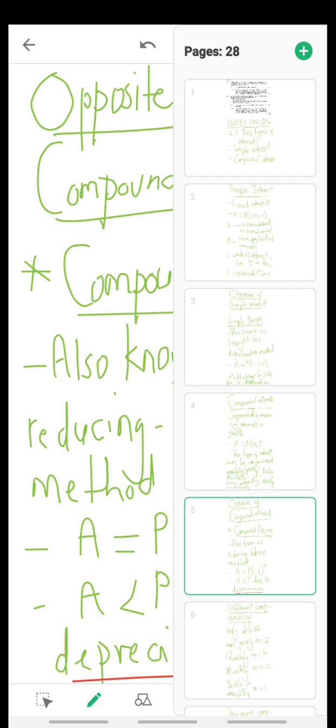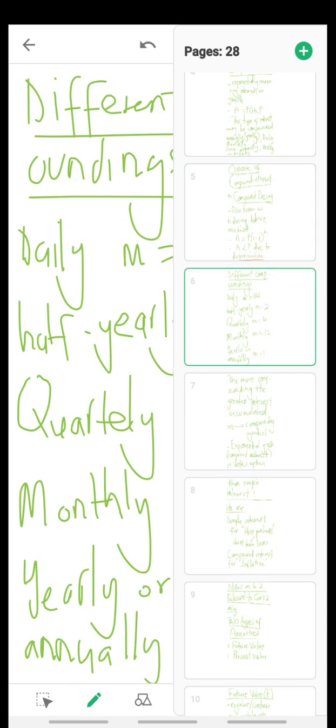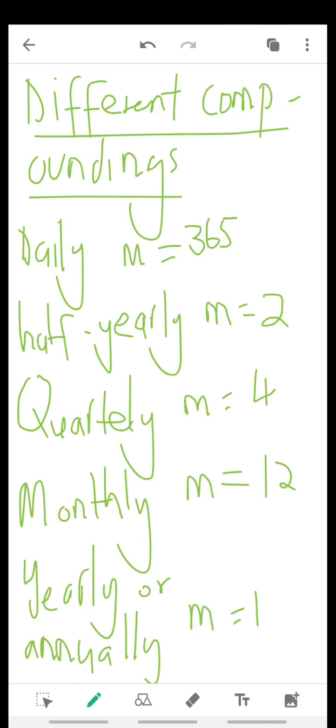Okay. Now next up, we want to look at the different compoundings. By the way, the letter that we use, which represents compounding, how many times your money accumulates interest, is m. So if you are compounding daily, how many days are there in a year? 365. So m equals 365.